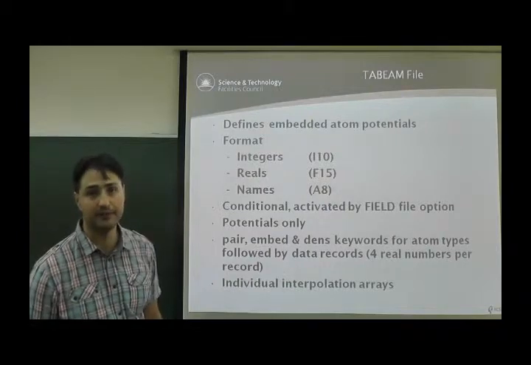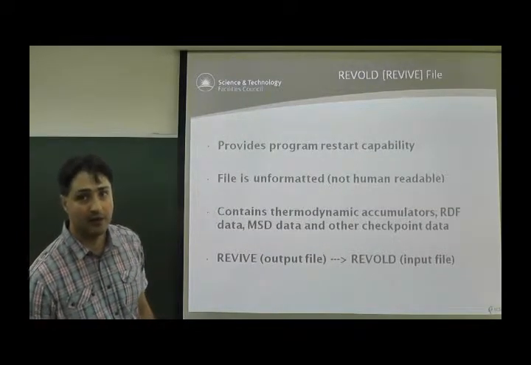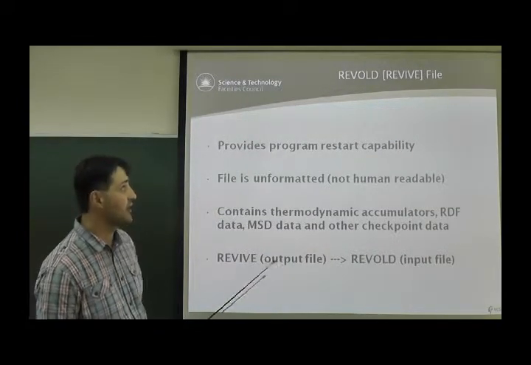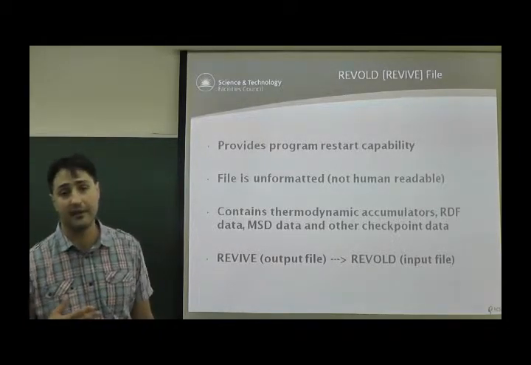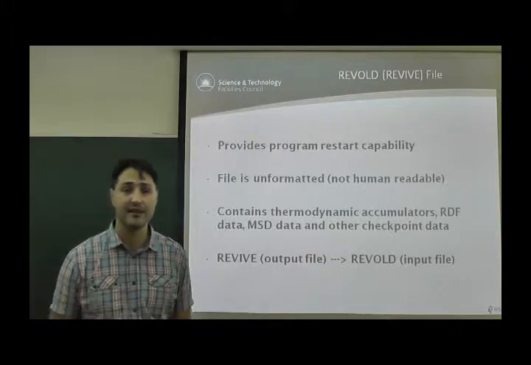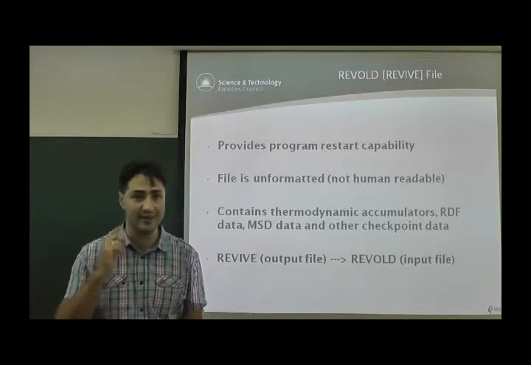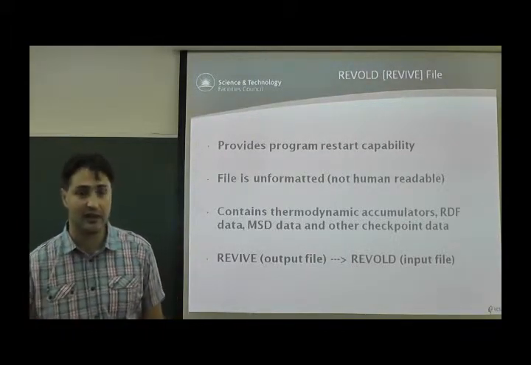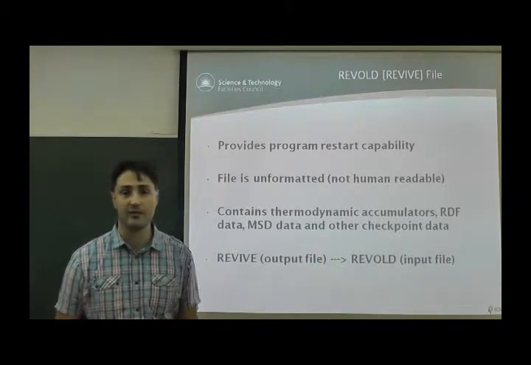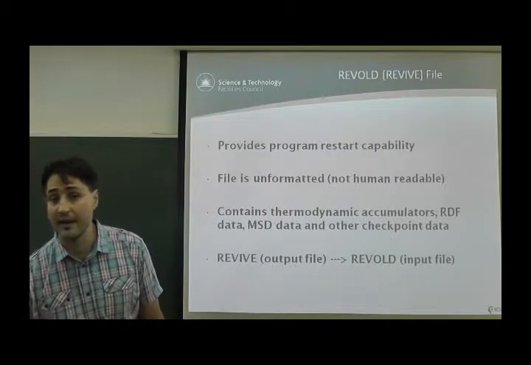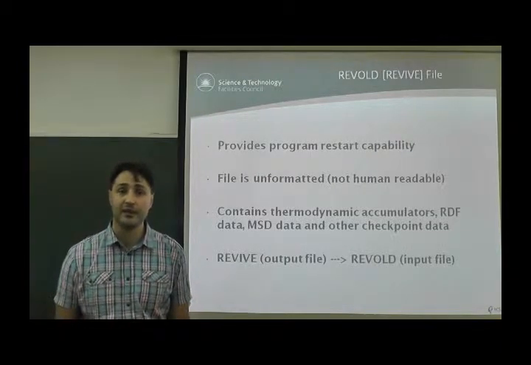These are values that are specified only for the potential arrays, and the force arrays are reconstructed from those using numerical derivatives. The revcon file, as I mentioned, is the only one that is not in ASCII, and it's in binary, so it's not portable from one machine to another, depending on whether the file system is big endian or small endian. It provides restart capability.